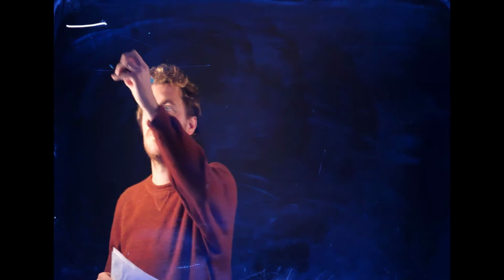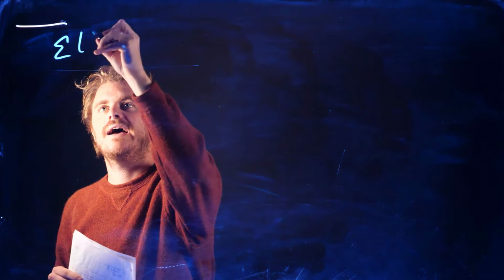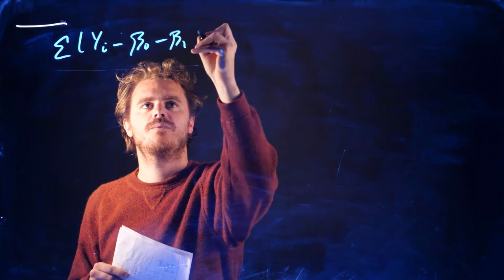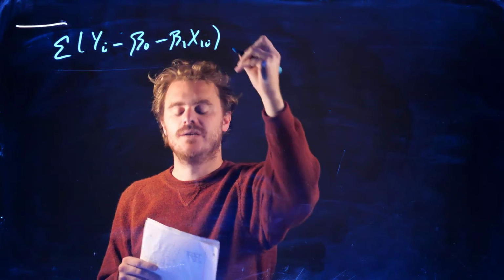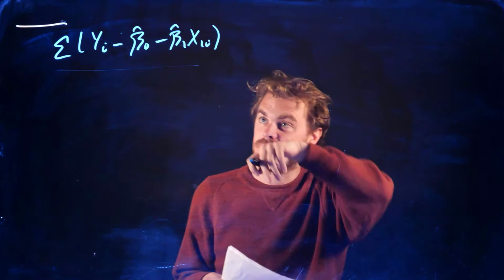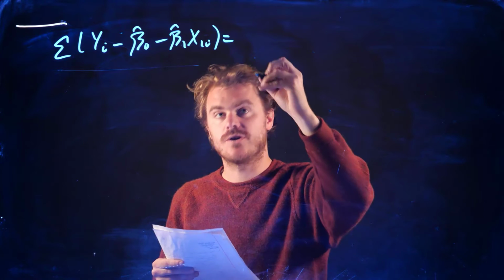Okay, so we have two equations and two unknowns. So let's look at that first one. After we canceled out that -2, we had the sum of y_i minus beta 0 minus beta 1 x_1i, in brackets, and I should remember what we just talked about, put the hats on it, and that equals 0, right?